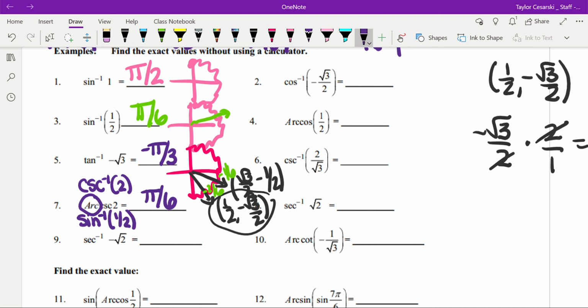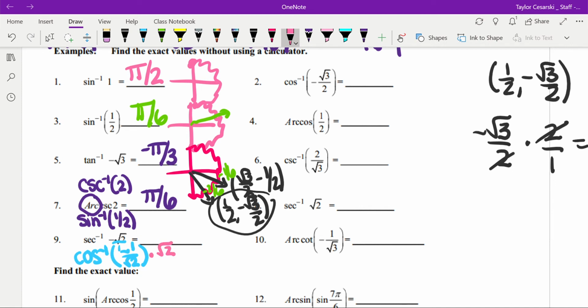All right, secant inverse of negative square root 2. So that's going to be cosine inverse. All right, remember this is over 1, so that's going to be negative 1 over square root of 2. Now that doesn't really look familiar, like something I've seen on the unit circle before, but let's rationalize it, and it should look more familiar.